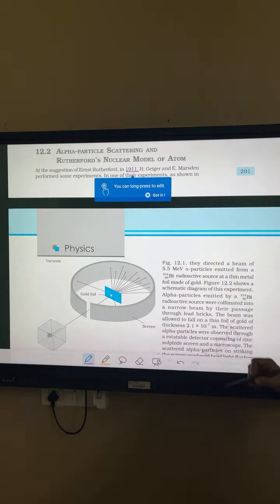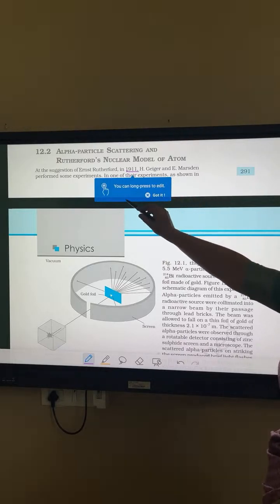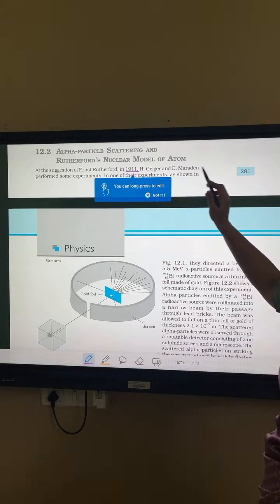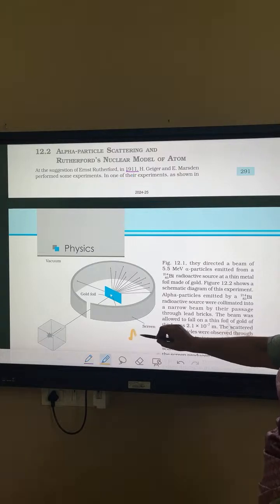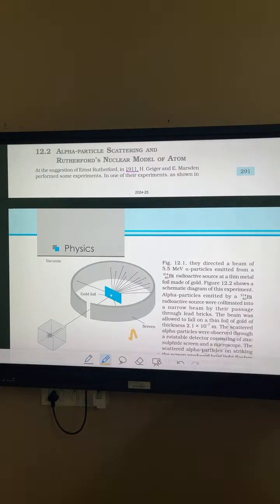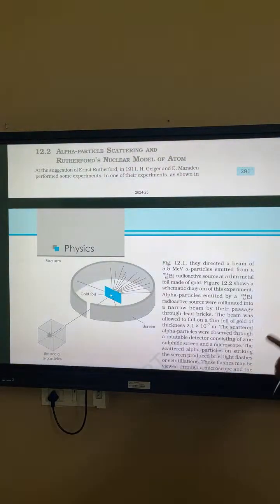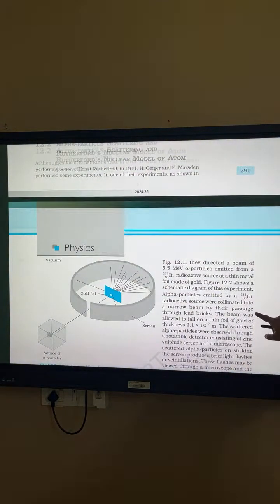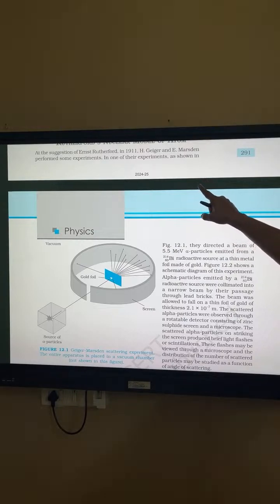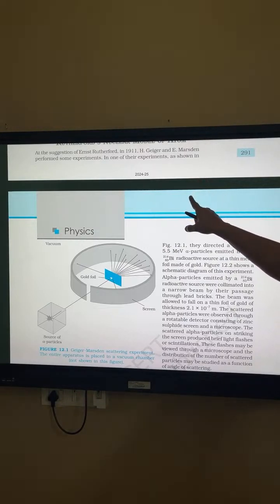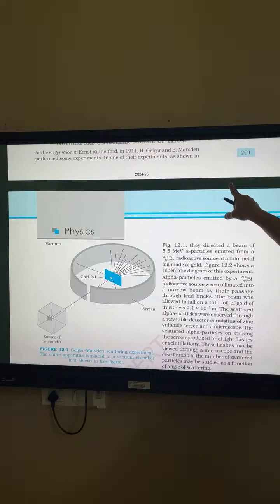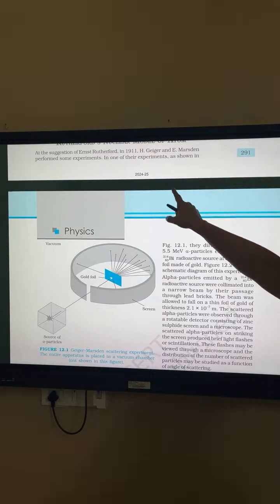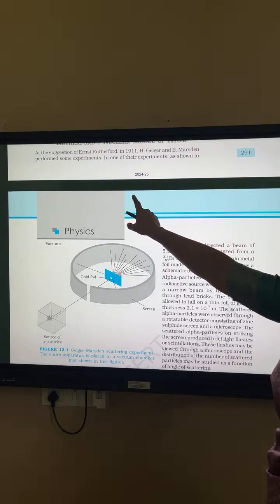Right. Geiger and Marsden performed some experiments. In one of their experiments shown in this figure 12.1, they directed a beam of 5.5 million electron volt alpha particles. So stay along with me and take a note. Write a note: 1911. Who are the scientists involved in that? Rutherford, Geiger and Marsden. This Geiger is Geiger-Müller only.